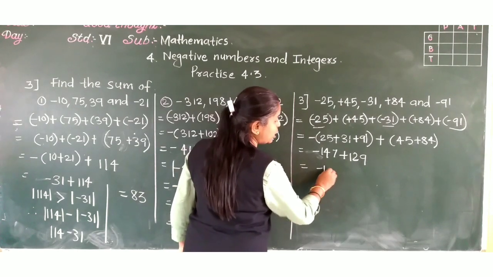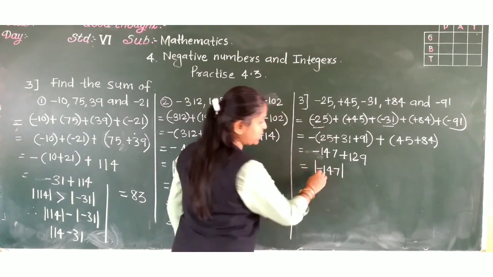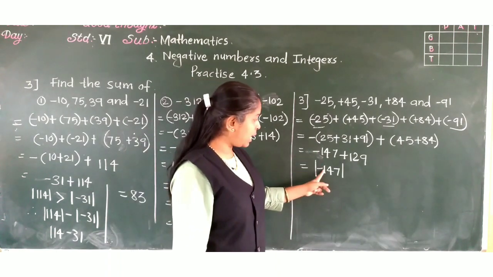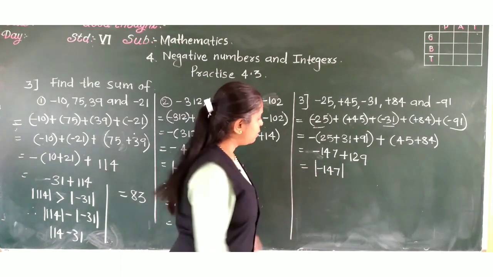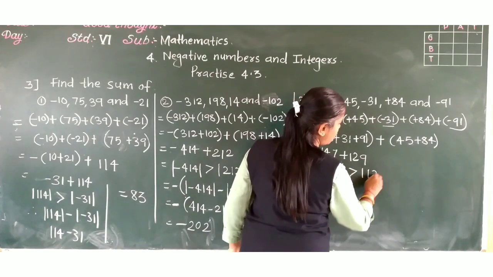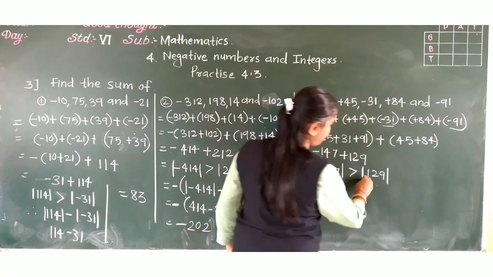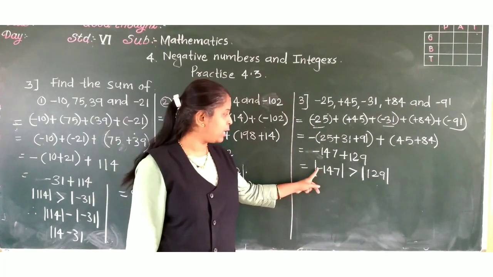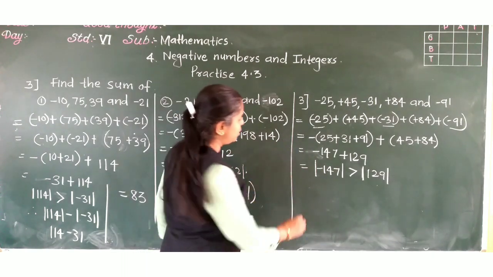Now the absolute value of minus 147 will be plus 147, so it is greater than this one. The absolute value of minus 147 is greater than the absolute value of 129. Correct? So our answer will be negative because the negative absolute value is greater.